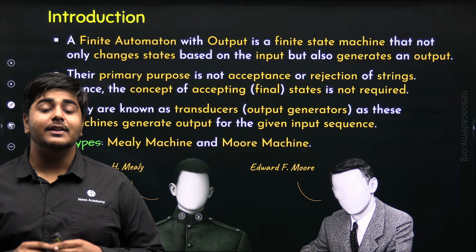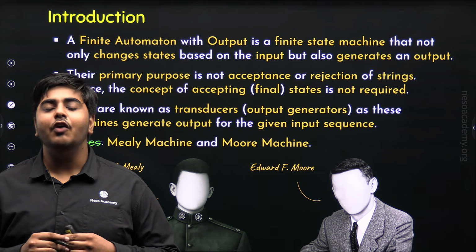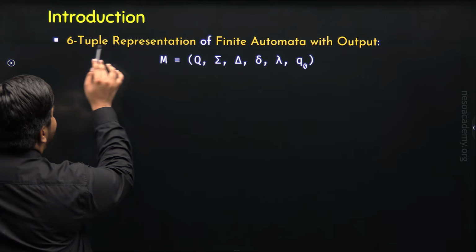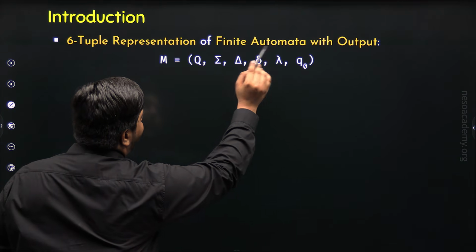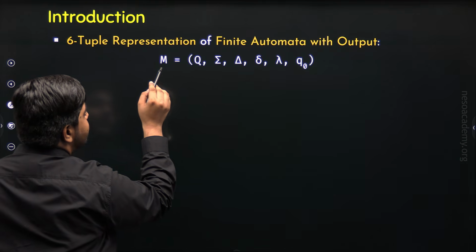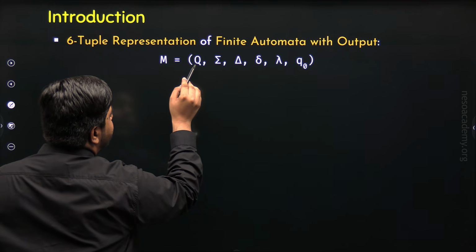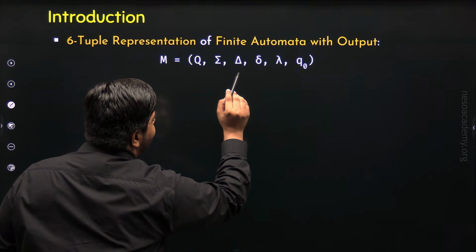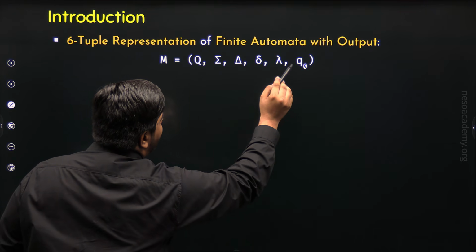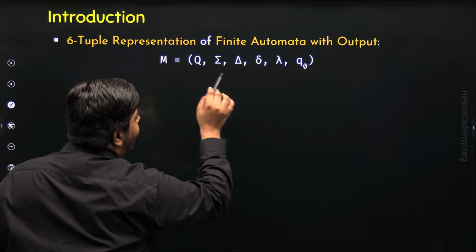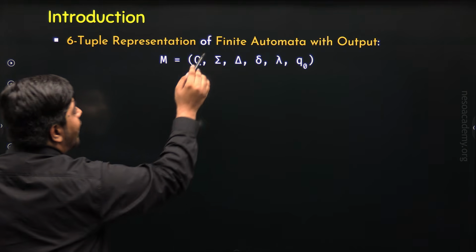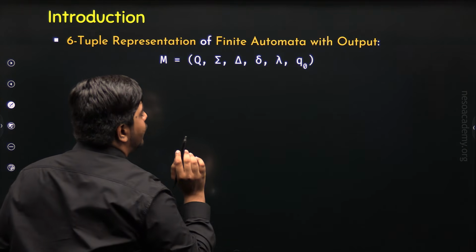Now let's proceed with the six-tuple representation of finite automata with output. So the six-tuple representation is M = (Q, Σ, Δ, δ, λ, Q0). These are the six elements that are used to entirely represent a finite automaton with output.